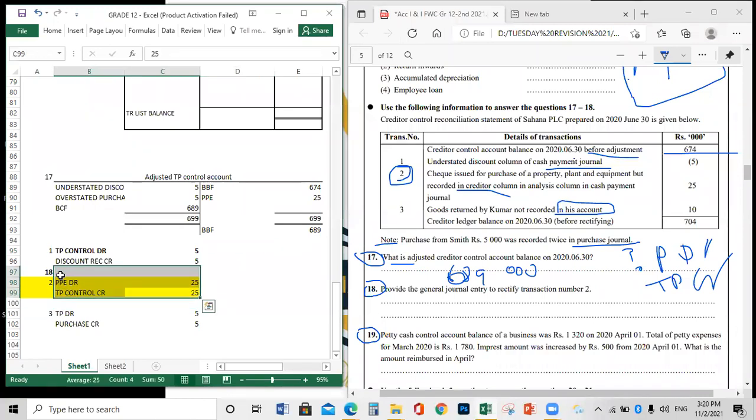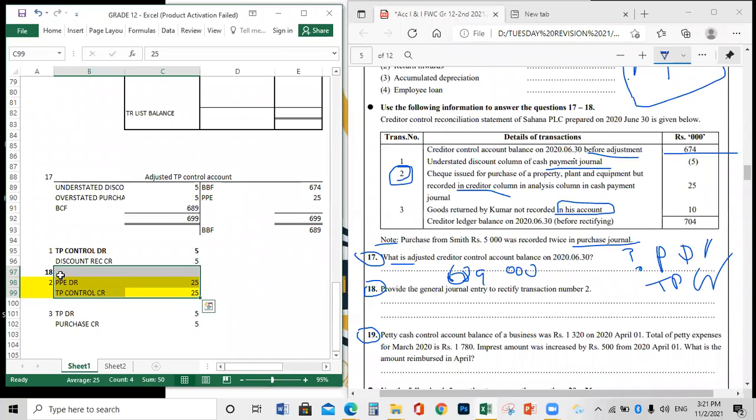Instead of recording in the other payment column, they went and recorded in the creditors column, in the analysis column. If you record in the creditors column, you will take it to creditor control. That is wrong. You should take it to PPE because you purchased PPE. But because you made a mistake there, they have taken it to creditor control.